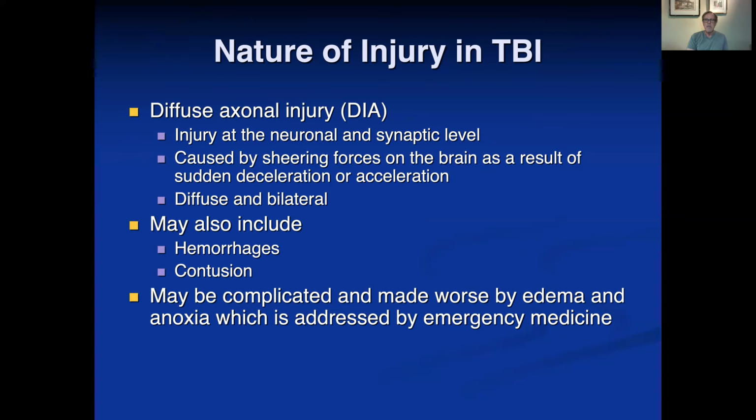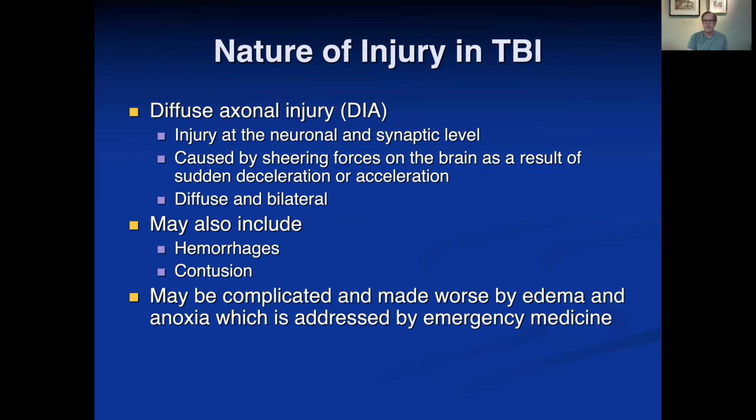And so somebody can be relatively severely impaired and have only DAI, which shows a normal CT scan initially. Brain injury can also be complicated and made worse by edema and anoxia. Edema is swelling. Anoxia is deprivation of blood.